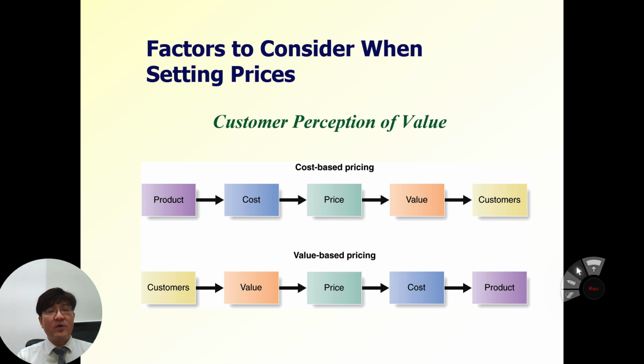Once we know how much value they perceive, that becomes our price ceiling, which means that is the maximum value the customer wants to pay. So obviously we cannot set the price higher than that. The customer's value perception acts as the price ceiling, and it dictates our price range.